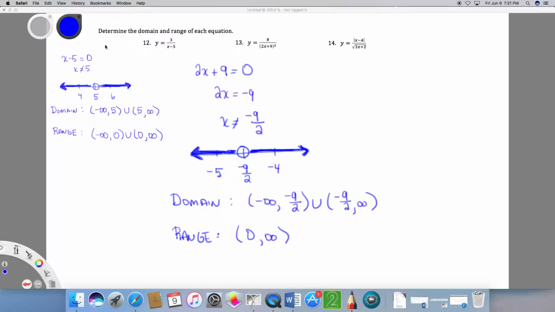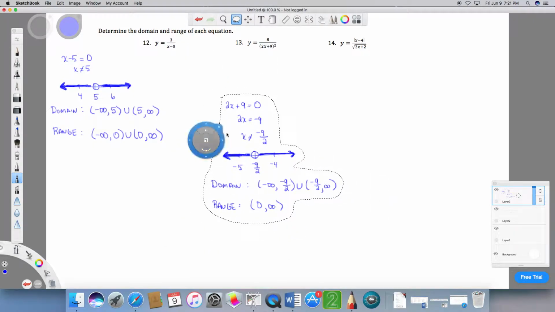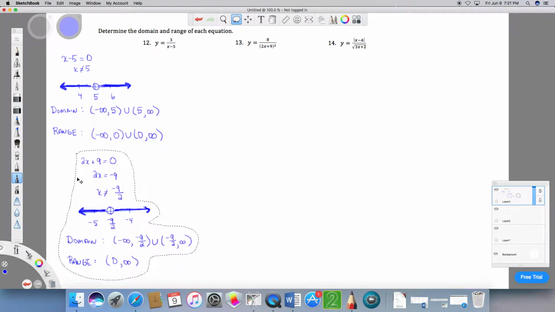Let's take a look then at number 14. Let me shrink this and give myself a little bit of room. So again, the domain is the set of all real numbers, excluding any values of x that cause division by 0, and excluding any values of x that cause us to take the square root of a negative number. Well, I look in the denominator, and I see both a variable and a square root.